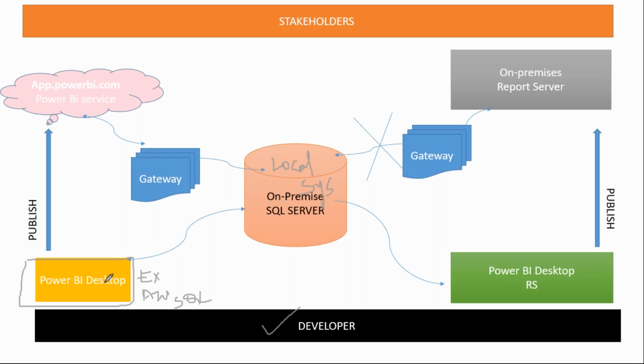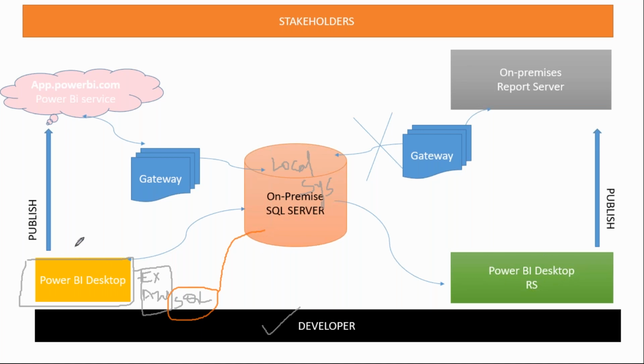So far, so good. Now, assume that I have created one report with SQL. Let me use some other color. I have done one Power BI Desktop report with SQL data, and this SQL data is a database sitting in my local system.